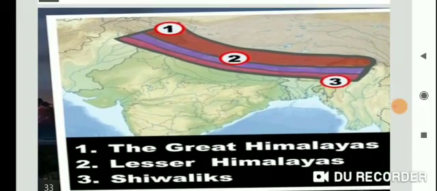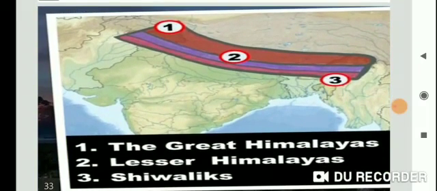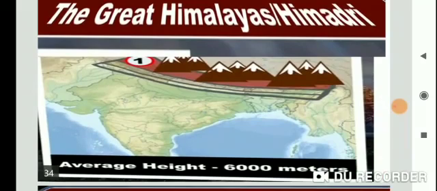Now see the next picture. This map shows first the Great Himalayas, second the Lesser Himalayas, and third the Shivalik. One by one we will discuss them. First, the Great Himalayas, or Himadri, with an average height of 6000 meters.